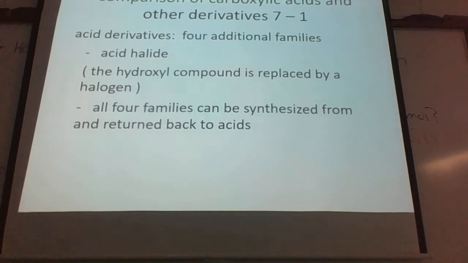So a lot of these, as you can see, all 4 families can be synthesized and then returned back to acid. So it's kind of like a ping pong effect where you can go back and forth.